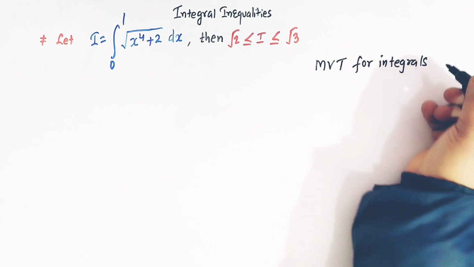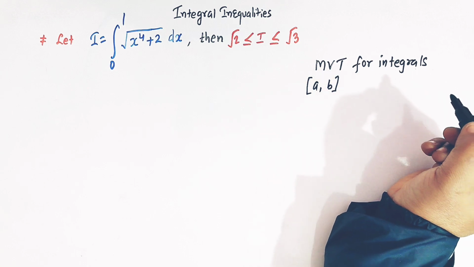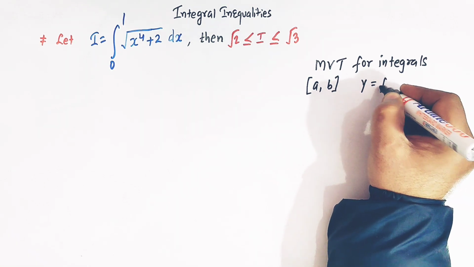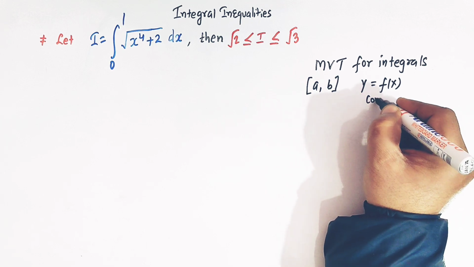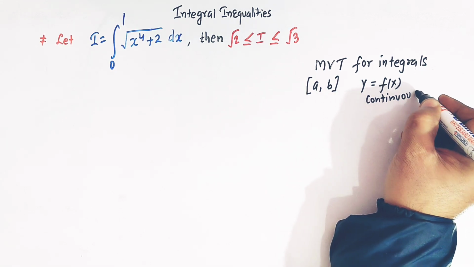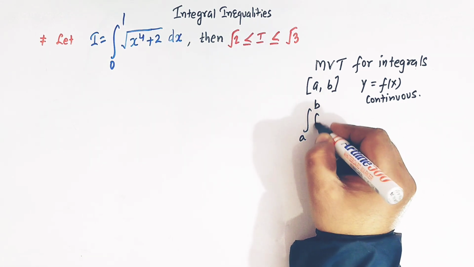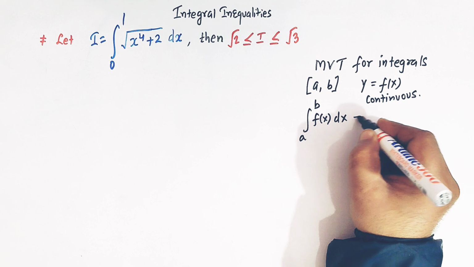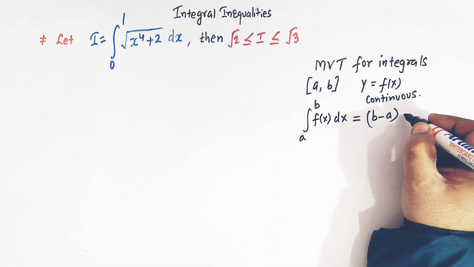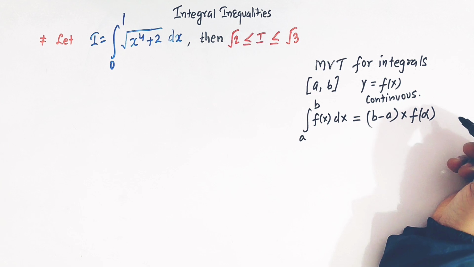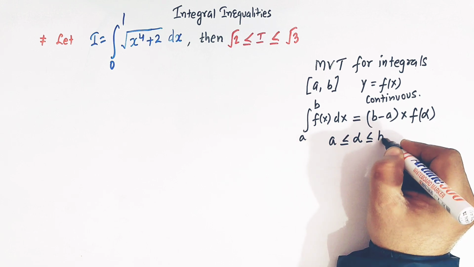The mean value theorem for integrals says that if we have a closed interval, say a comma b, and a function y equal to f of x defined on this interval, and it is also continuous, then the integral from a to b of f of x dx is equal to b minus a, that is, the difference of upper limit and lower limit, multiplied by f of alpha, where alpha is some number which lies between a and b.